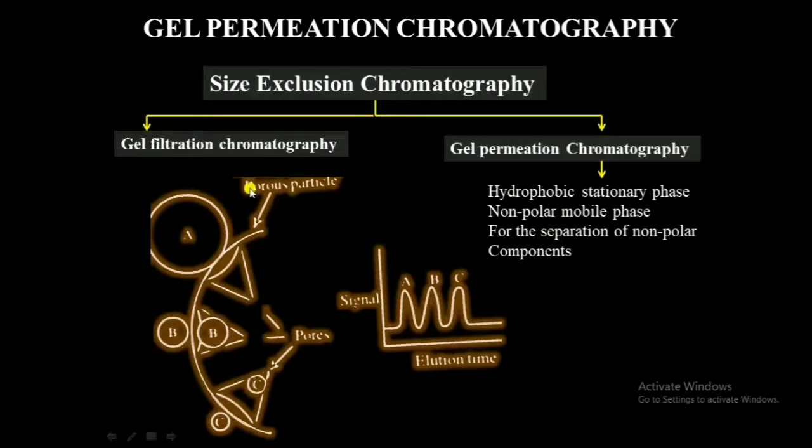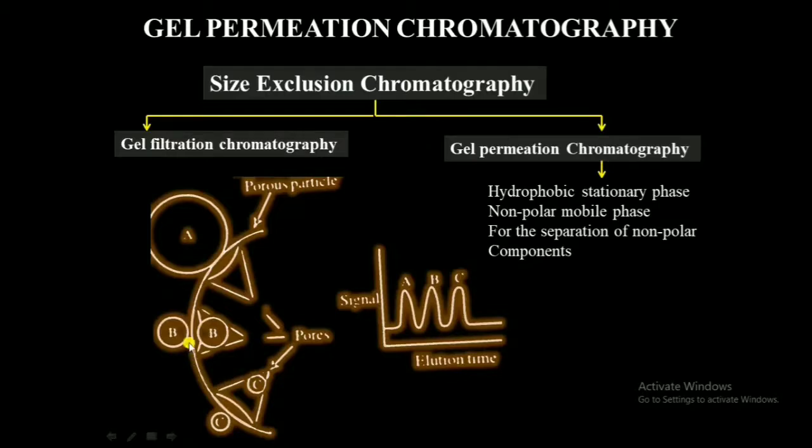If your mixture contains, for example, A, B, C, three components with different sizes. For example, here A is the largest, B is the medium, and C is the smallest one. What will happen is, when a mobile phase containing A, B, C with varying sizes passes through the stationary phase which has pores, the smaller molecules can go inside the pores.